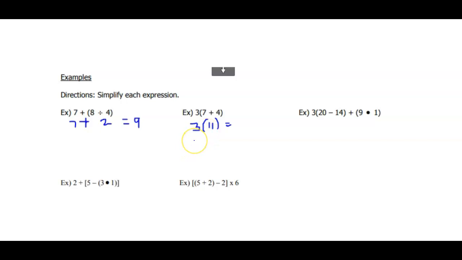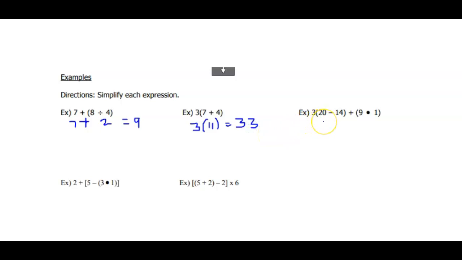That's called a hug. That means multiplication. Hug means multiplication. We multiply those two numbers. We know this is 33, right? This is 33.